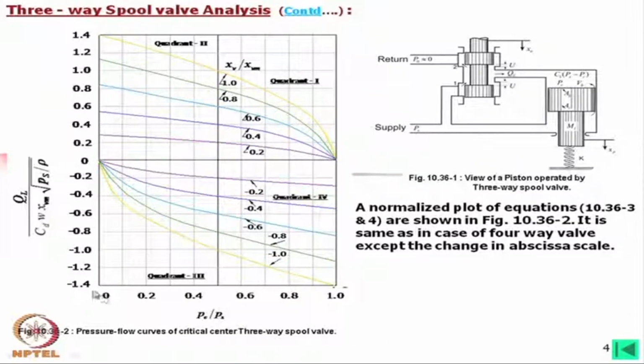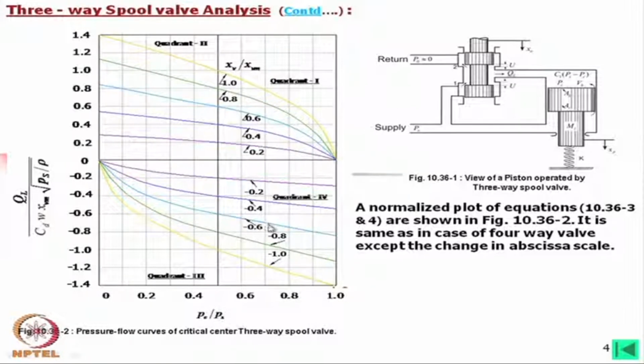In that case, we simply use this value on this abscissa. Now, here this is written in dimensionless form, this is also in dimensionless form, and we can observe these for different x_v by x_max. Okay. So, this ratio.